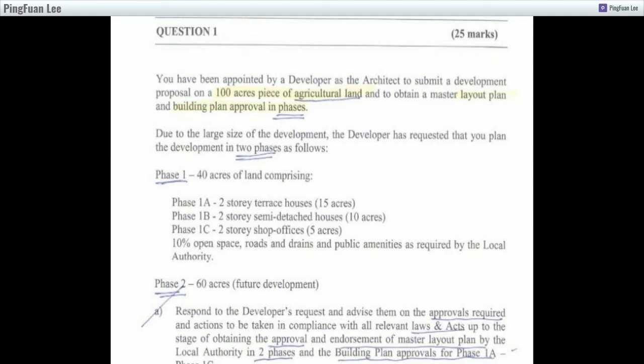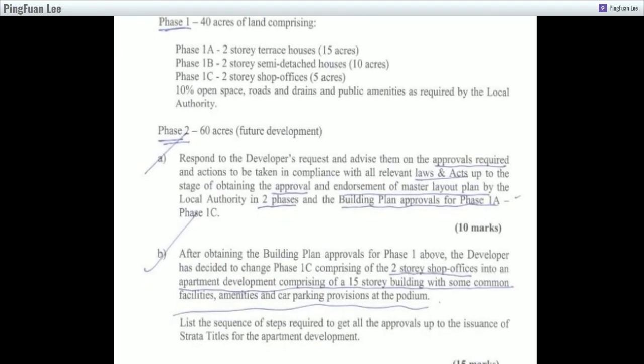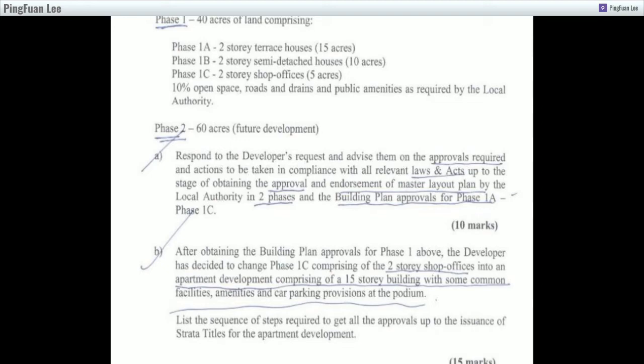Yeah, for phase 2, the 60 acres, we can either convert without subdivision into individual building blocks, or we can subdivide but remain as agriculture status. Yeah, it should be okay, I think.